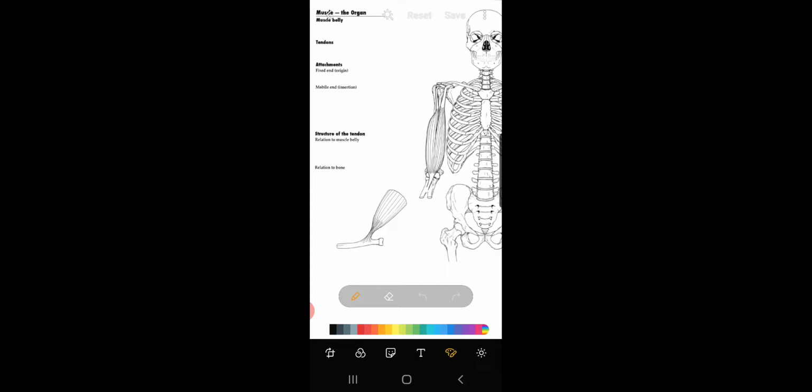So now we are really going to focus on skeletal muscle. So this is muscle that's on your skeleton. It helps move your skeleton. We're going to talk about muscle bellies, tendons, the attachments, and structure of tendons. So muscle bellies have a reddish or meat-like appearance. So let's grab some red down here.